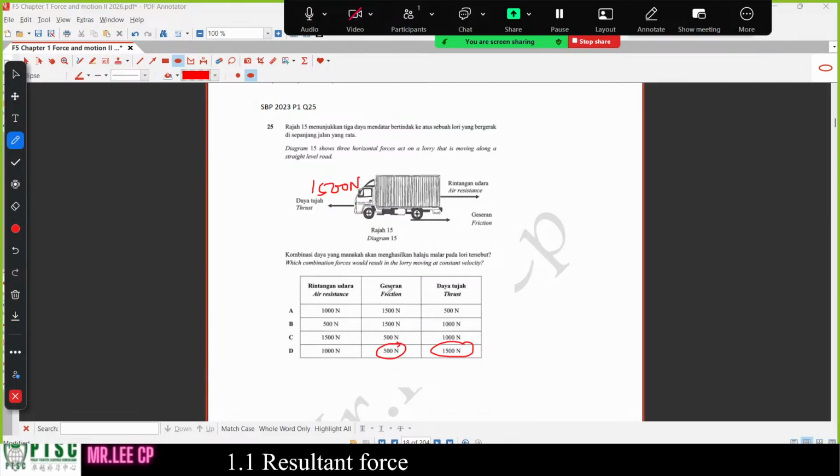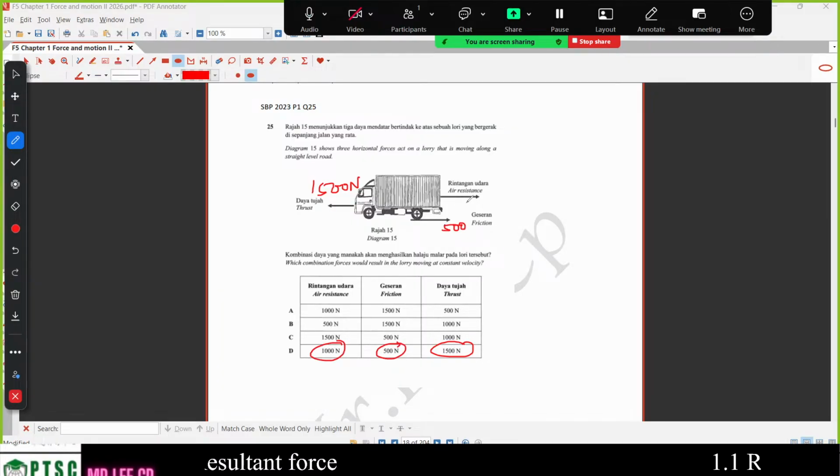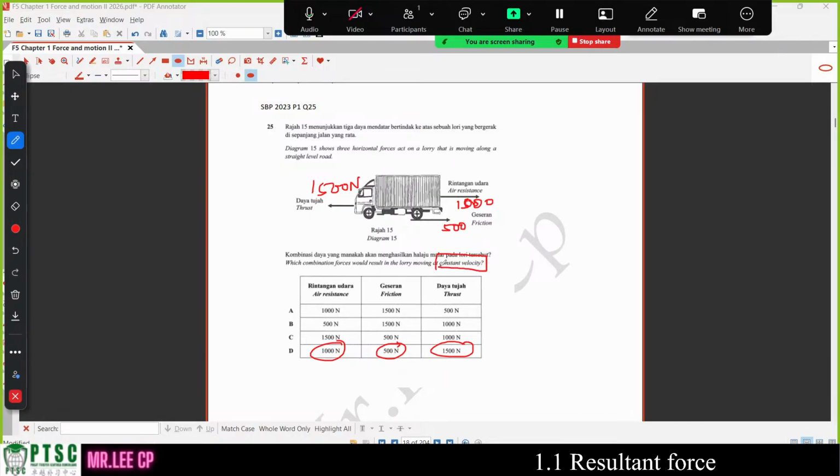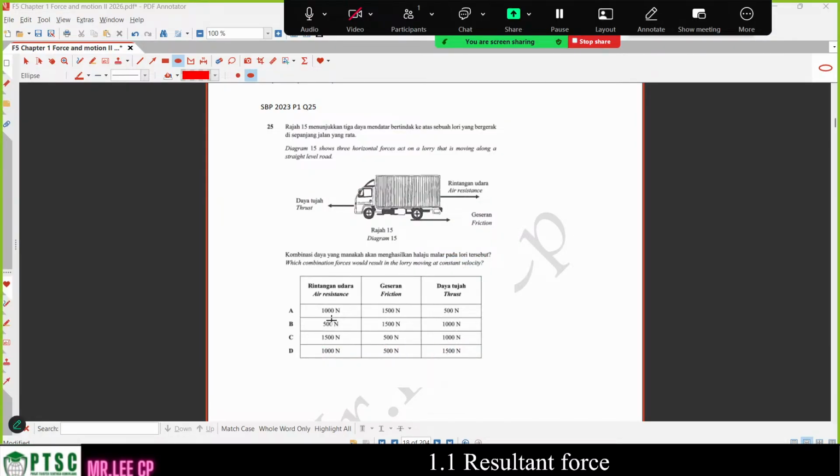Here it is friction, friction is 500. Here it is 1000. So total 1500, so it will move with constant velocity. Yeah. Answer is D.